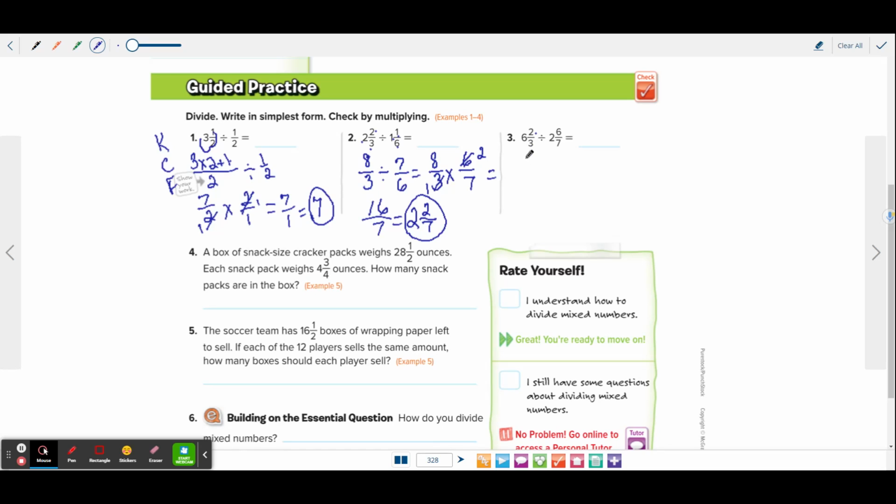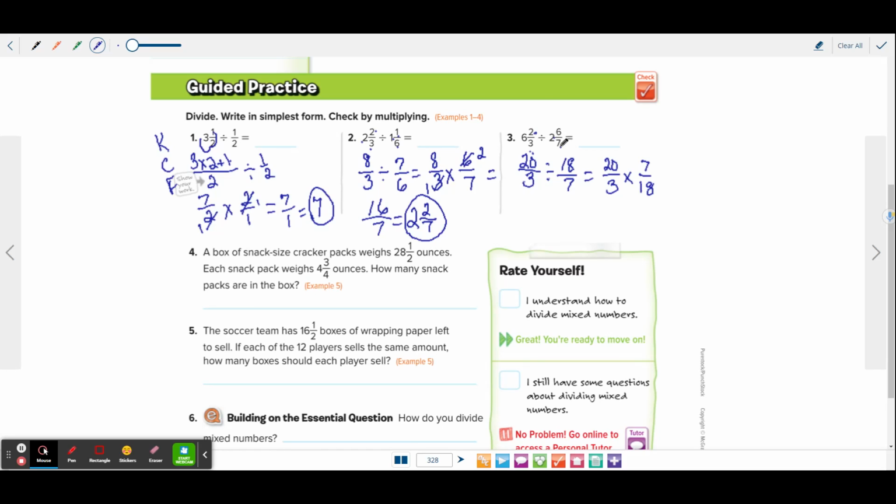6 times 3 plus 2 would be 18, 19, 20 over 3. Divided by 2 times 7 is 14, plus 6 is 20 sevenths. Then we have 20 thirds times 7/20. Oops, not 18ths.